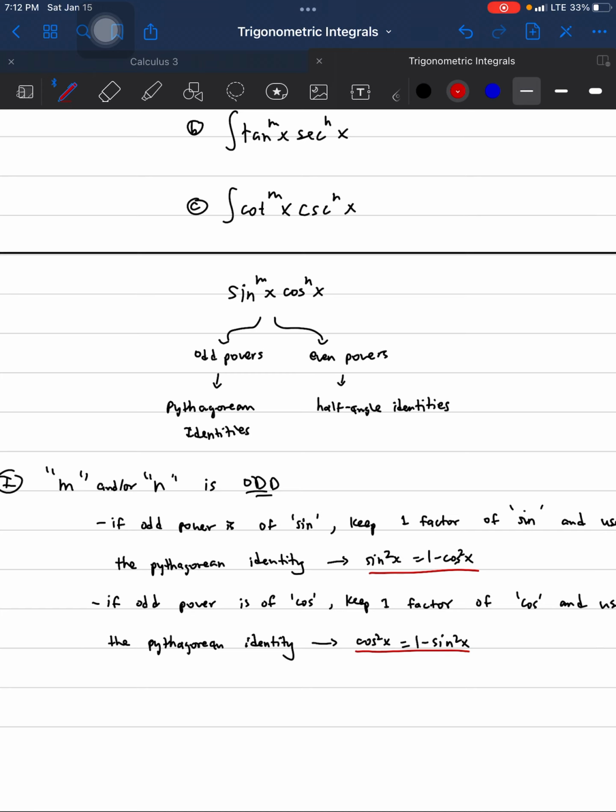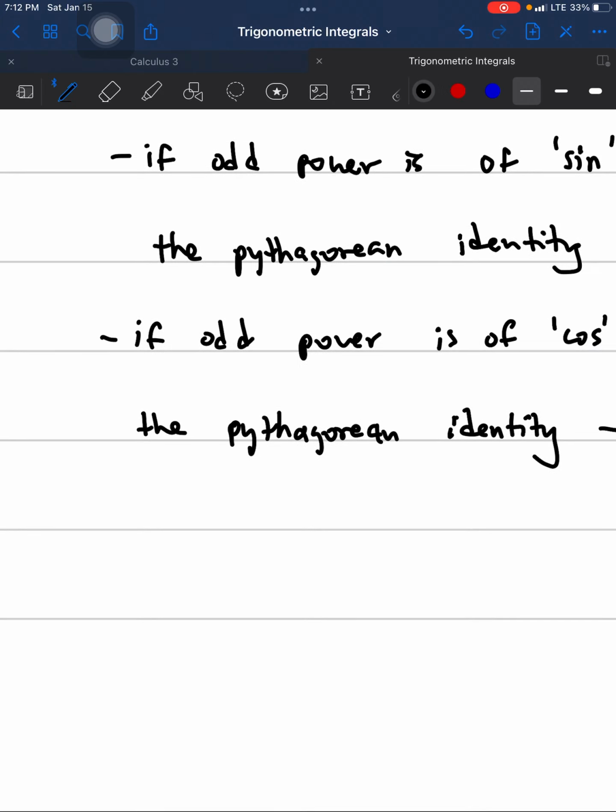So right now, I just explained if either one has an odd power. But what if both of them have odd powers?